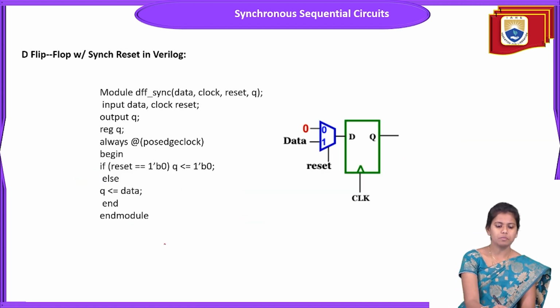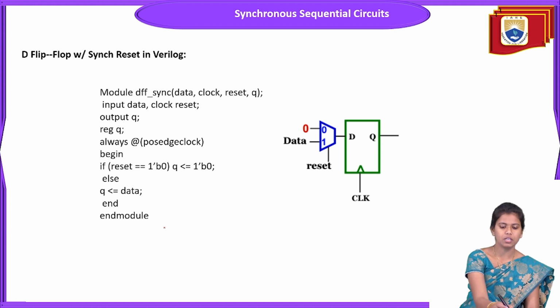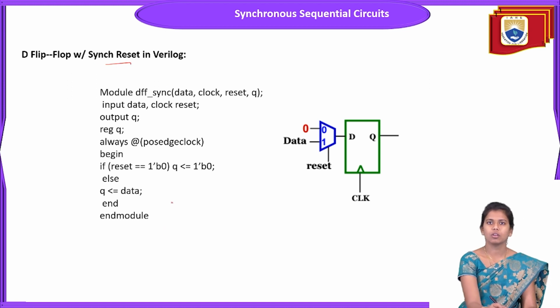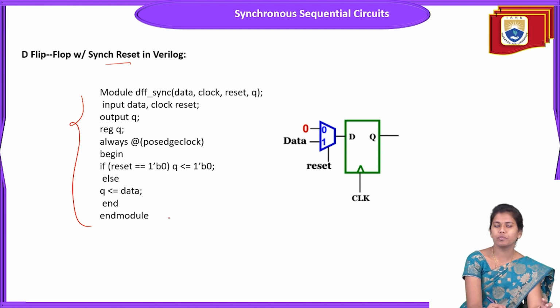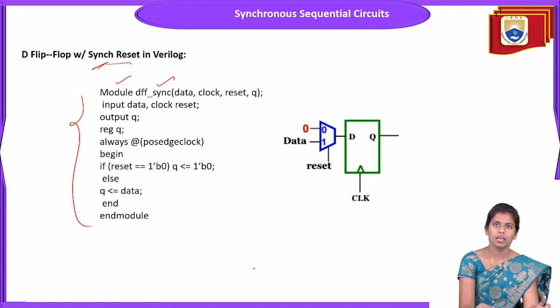And here, if you observe the D flip-flop with respect to the synchronous reset in Verilog. So this is the coding for synchronous reset in Verilog of the D flip-flop. So module D flip-flop, we are observing the synchronous reset. As I said, the reset can be asynchronous, we can use the reset button, right?